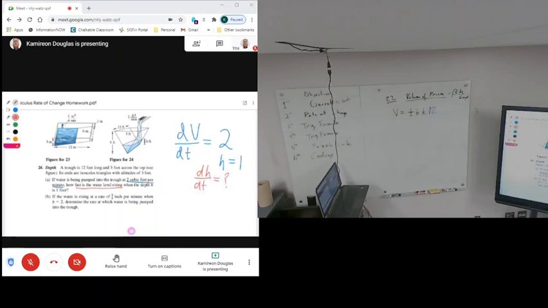That's our question mark. Okay. So, I have H in the problem. I have dH/dt in the problem. I have dV/dt in the problem. In my formula, I also have B. None of what I'm given in this problem involves B.